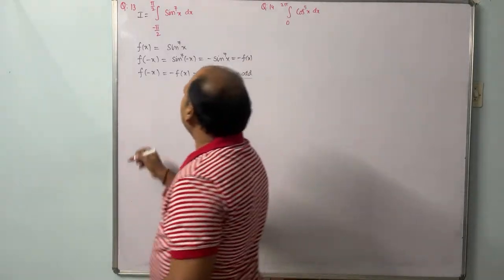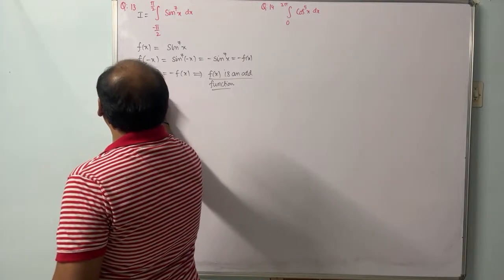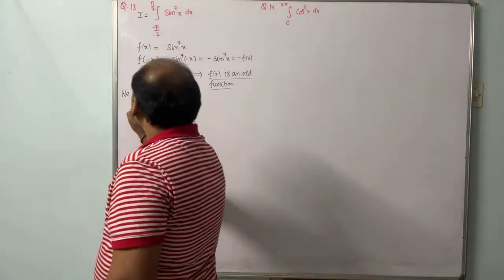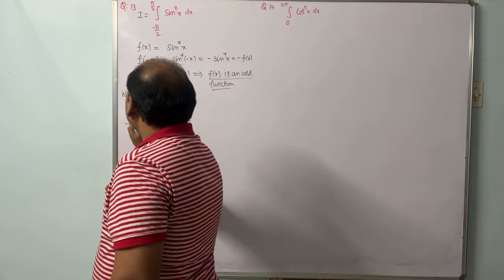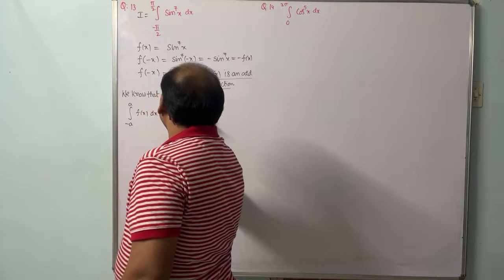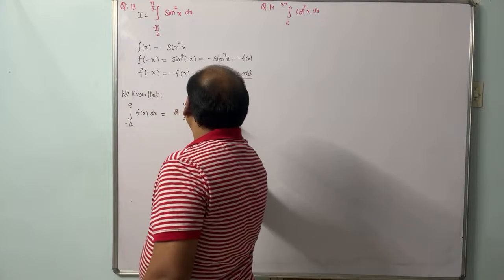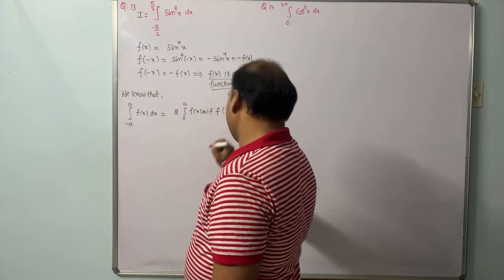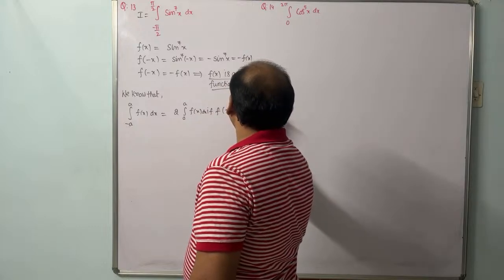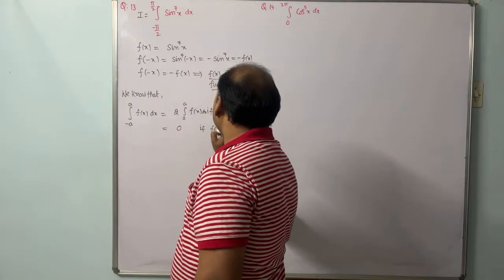After that, I am going to write a property. We know that integral minus a to a f of x dx is equal to 2 times integral 0 to a f of x dx if f of x is an even function, which is equal to 0 if f of x is an odd function.